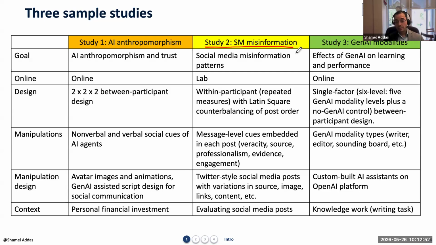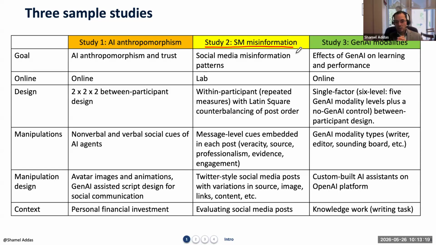We did it in the lab for the main reason that we were interested in studying not just what people say or do, but we also used eye tracking technology as a proxy for their attention: which areas of interest they were looking at, for how long, and how they were moving across the different stimuli represented in the social media post.